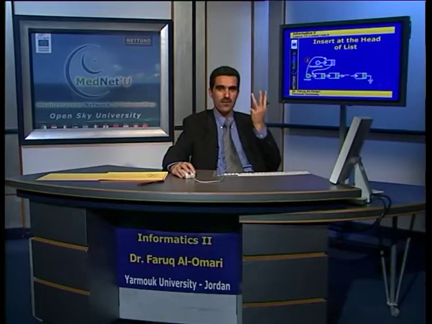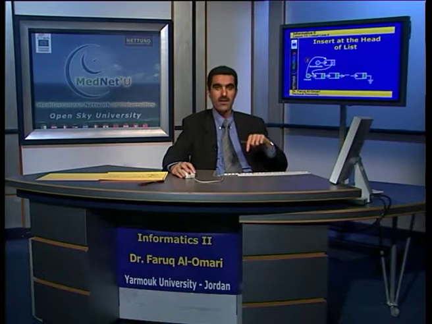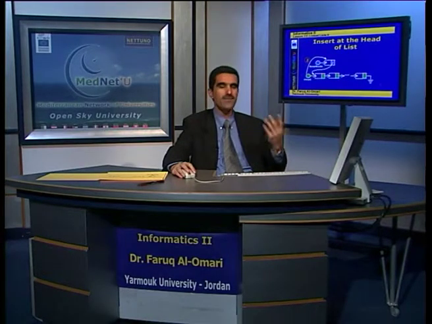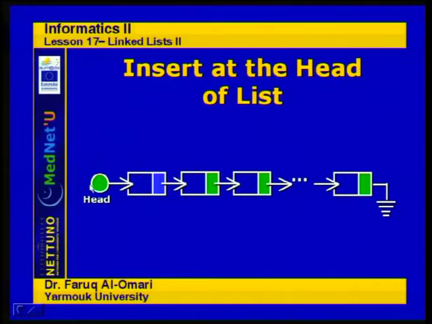Okay? So three steps. Create the node, that's number one, and then make it point to the first node in the list. After that, you can move head to point to the new node. And here it is. Here's the new node now. Head is pointing to it, and it is already pointing to this node, which was the first node in the list. Very simple and straightforward.